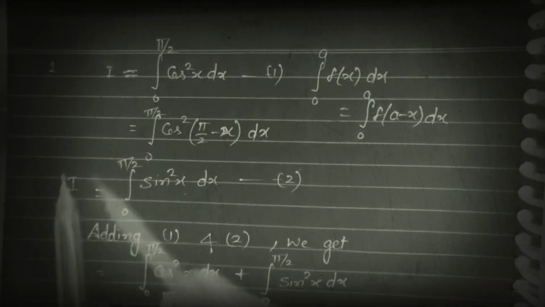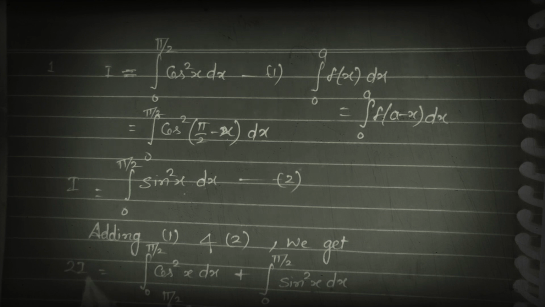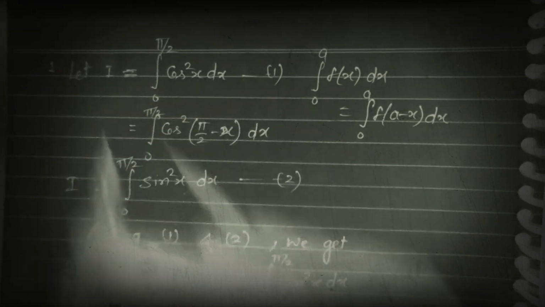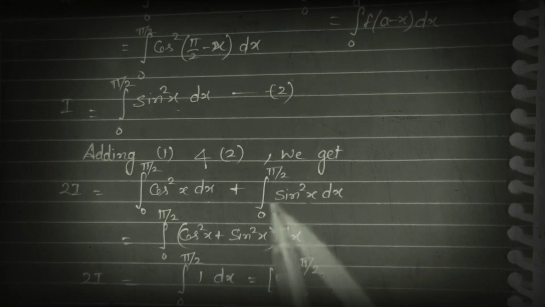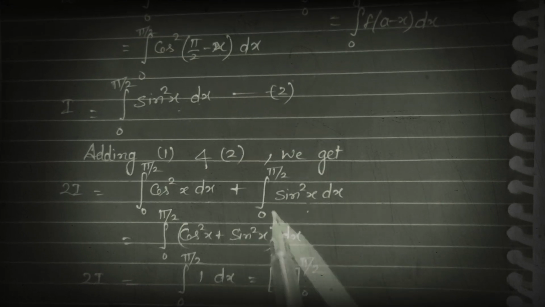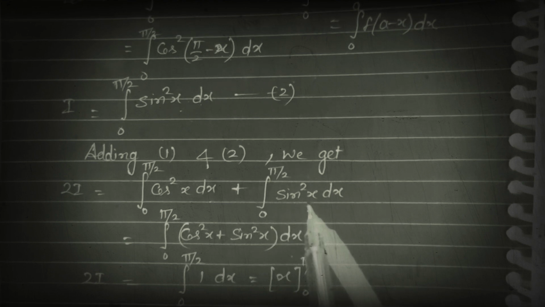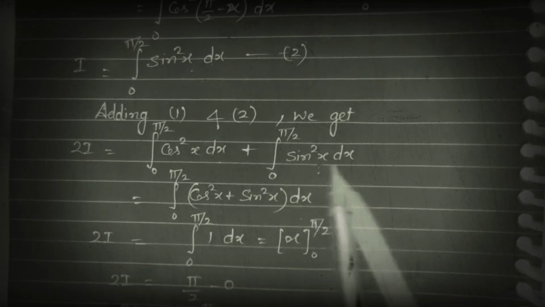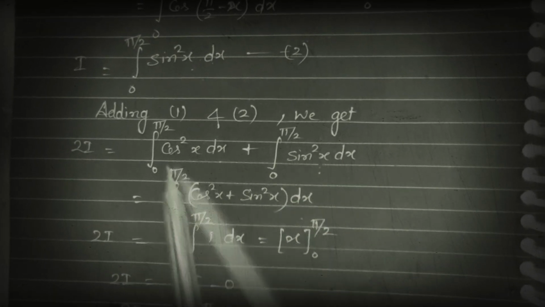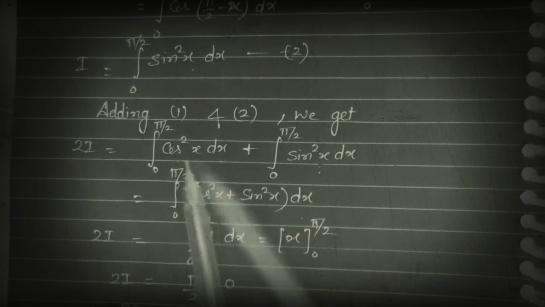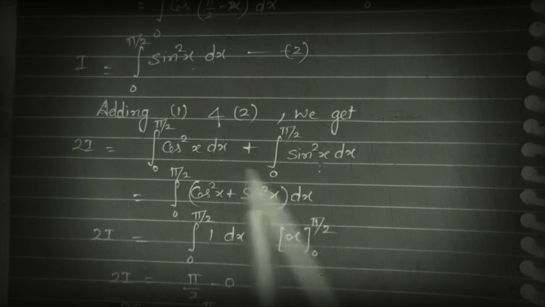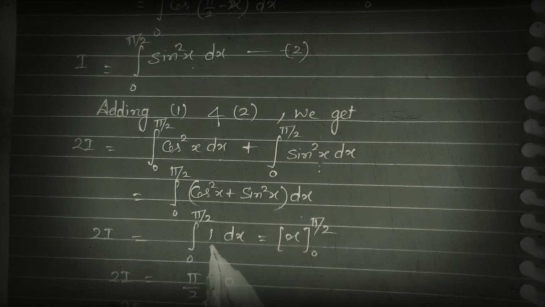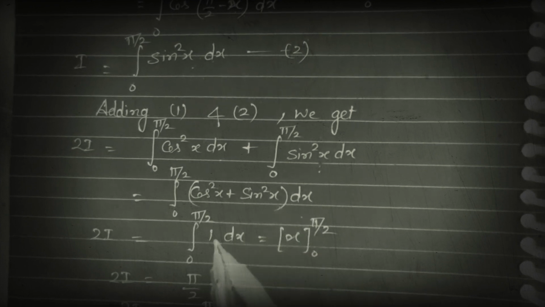On the right, cos square x integration plus sin square x integration. The limit is the same, so we can add these: if this is f(x) and this is g(x), if the limit is same we can add them. Cos square x plus sin square x, with limits 0 to pi by 2, and we know that cos square x plus sin square x is 1.